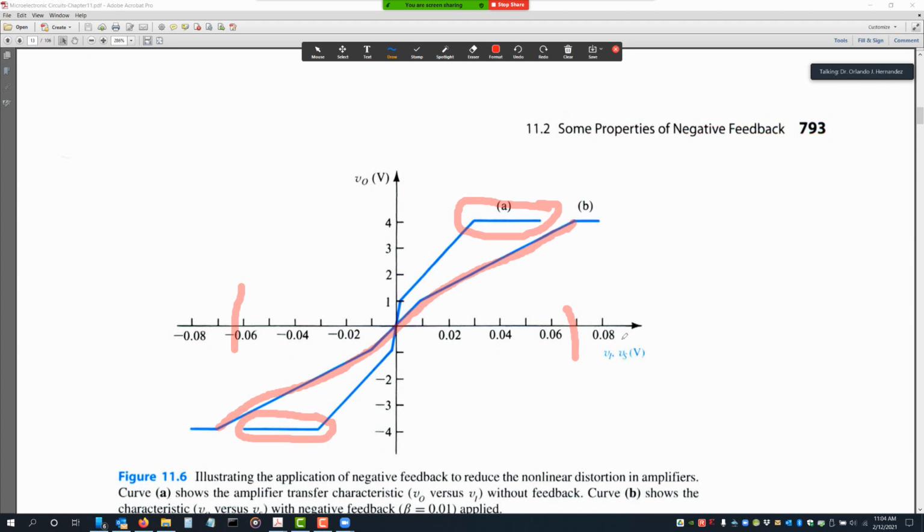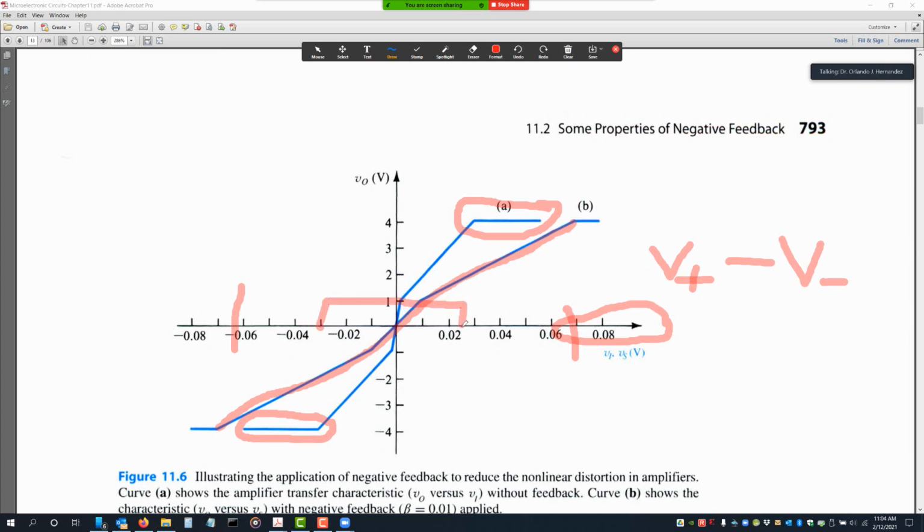So this axis here, that is the positive input minus the negative input. So this is a differential voltage. So this is saying that if you want the op-amp to be in the linear region, which is where you want it, then the difference of V plus and V minus, the difference of those inputs, needs to be very small.